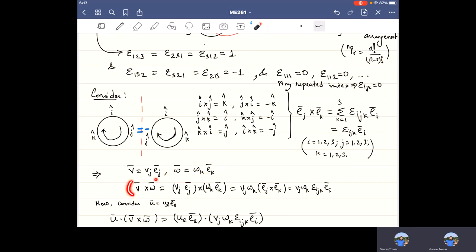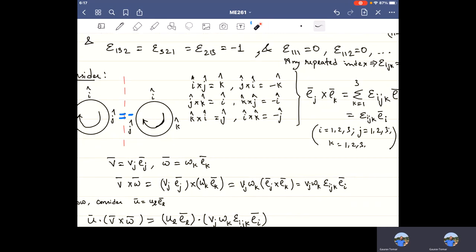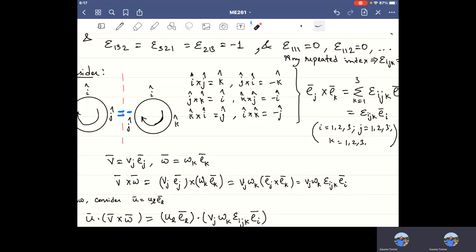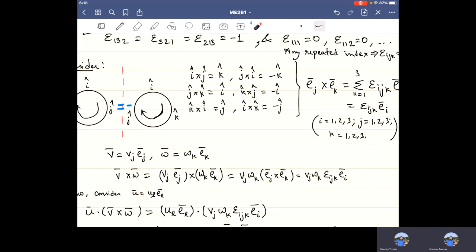Now, if you take the cross product between V and W, you will get Vj Ej cross product with Wk Ek. These are scalars, so they don't really change the final quantity. They just scale the final vector quantity. So we just pull them out. This is a very convenient way of doing manipulation: you pull out all the scalars and then deal with the vector quantities separately.